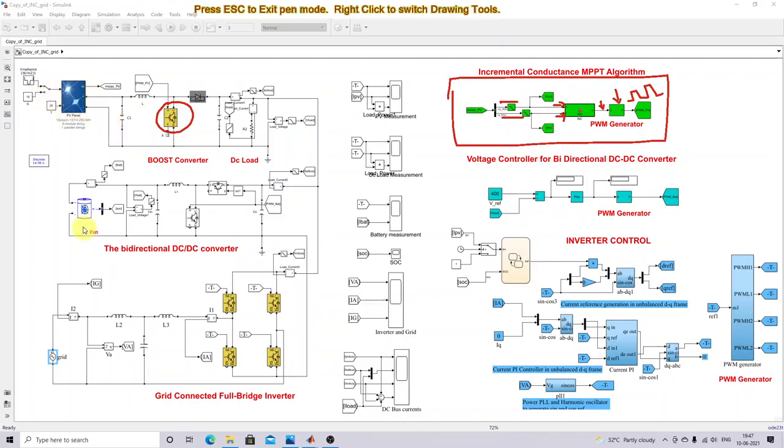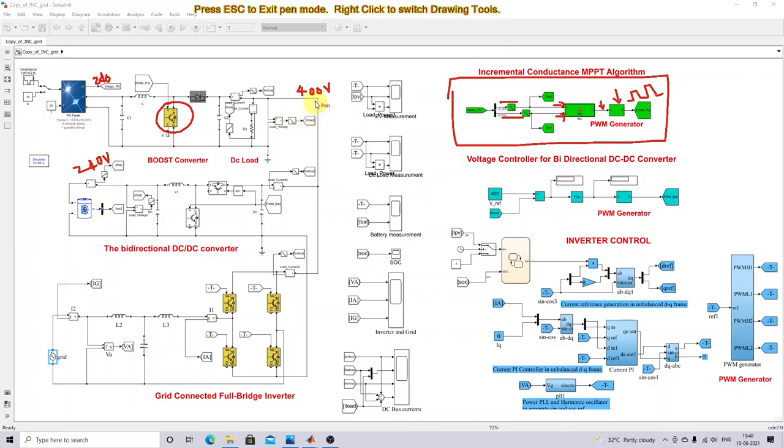Okay, and then to control the battery and bidirectional converter, we are going to use the voltage controller for the bidirectional DC-DC converter, because here the bus voltage is maintained around 400 volt. The input voltage on the battery side is 240 volt, and the solar panel voltage is around 38, right?